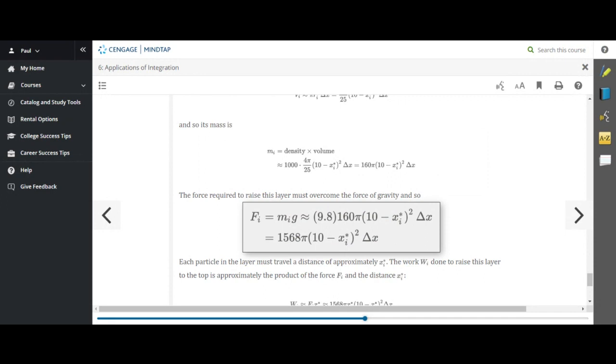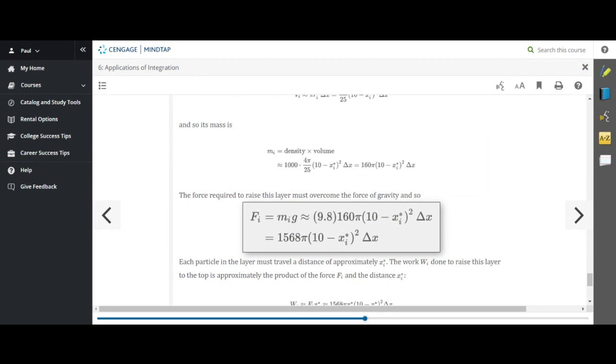So you multiply 9.8 meters per second squared, that's the gravity, times the mass, and you get 1568 pi times 10 minus xi squared times delta x. Now you have the force, and now you have to worry about distance.